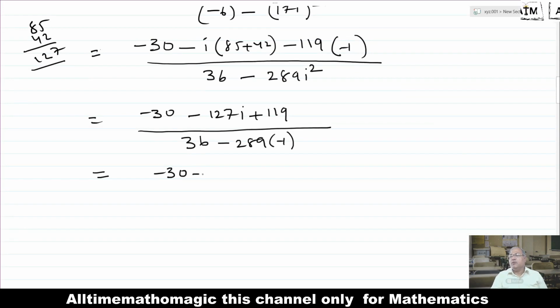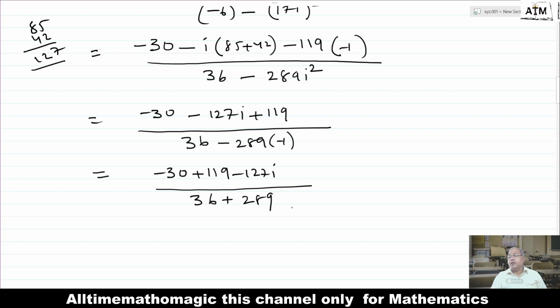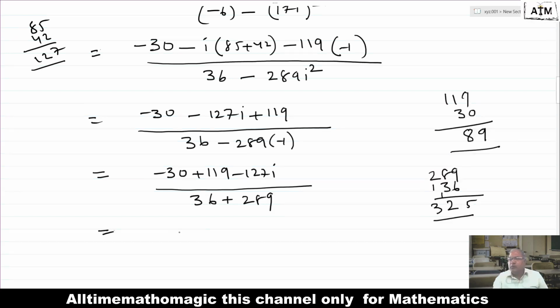That equals minus 30 plus 119 minus 127i upon 36 plus 289, which is 89 minus 127i upon 325.